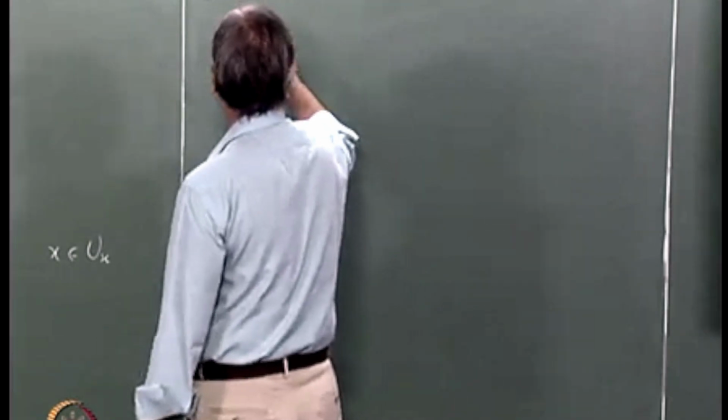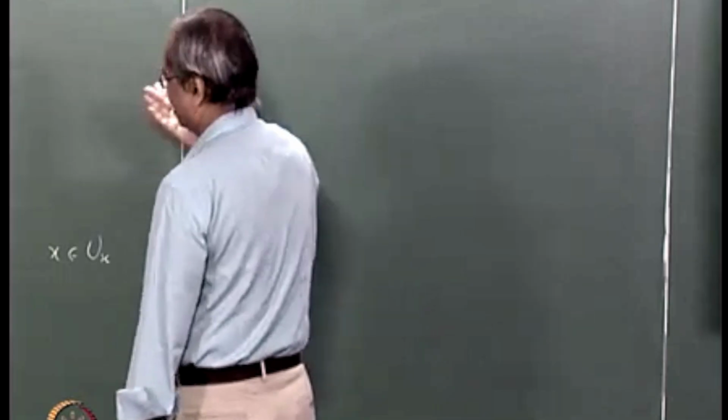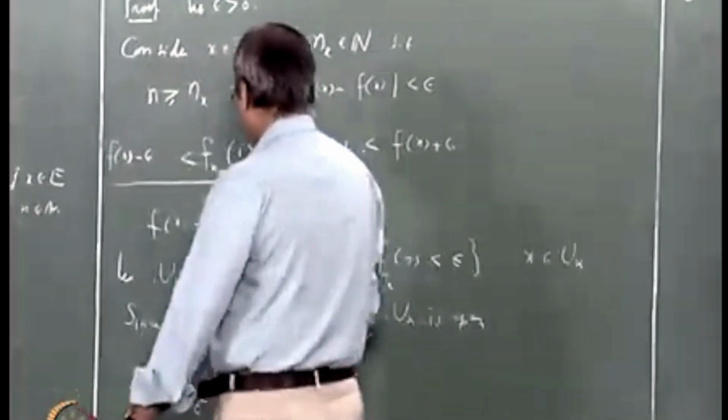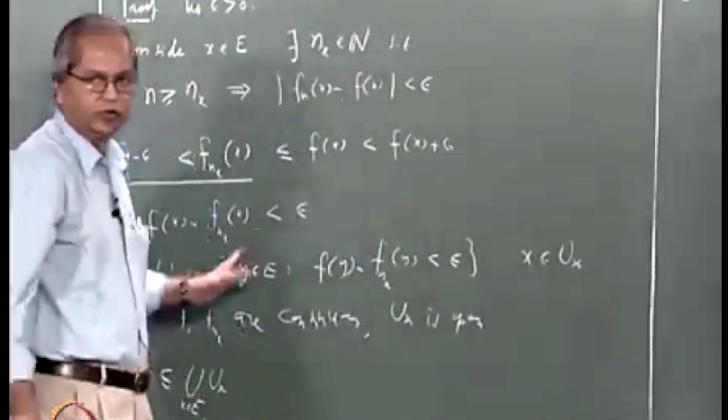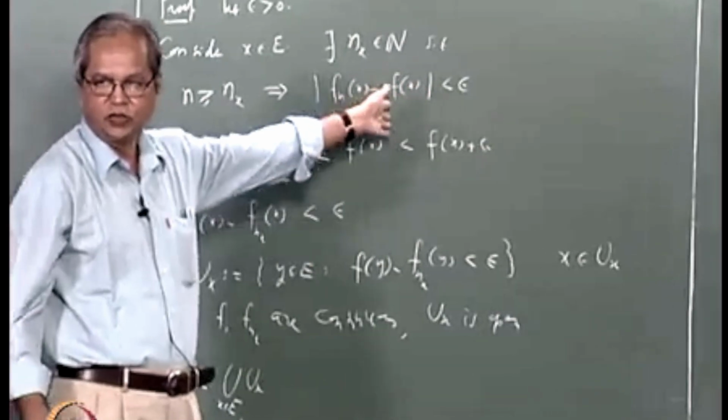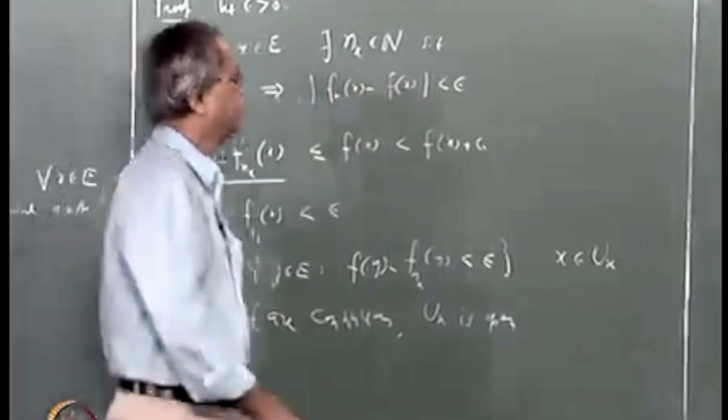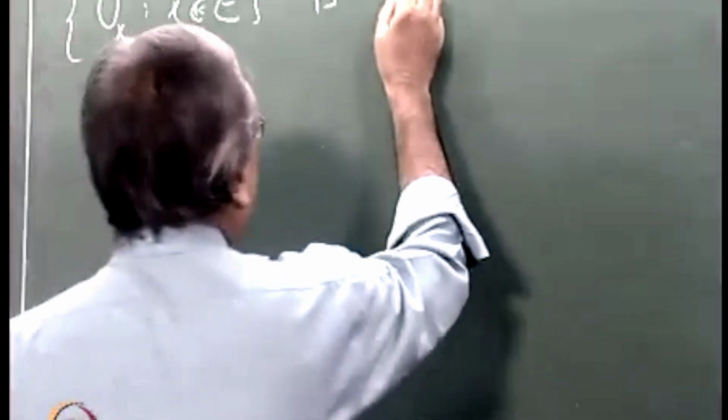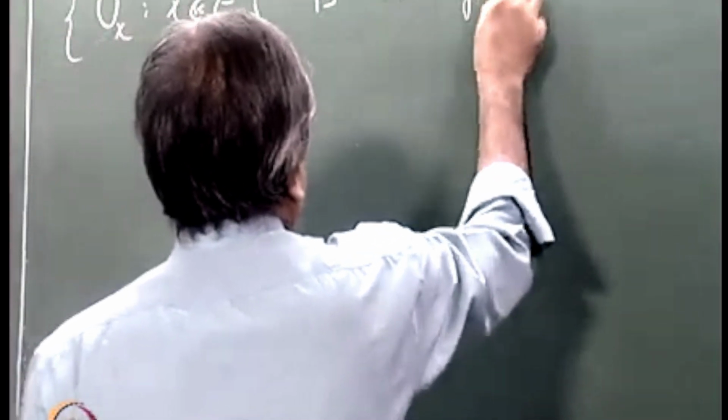Obviously each U_x is an open set, and every x in E is contained in some U_x. So if you collect all such U_x, E will be a subset of this union.